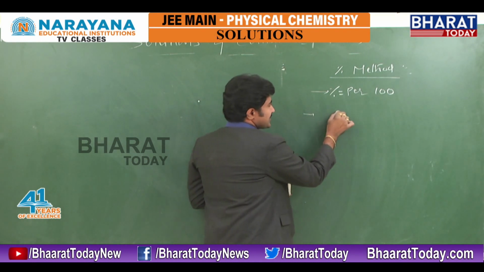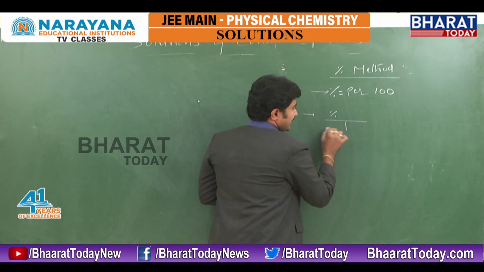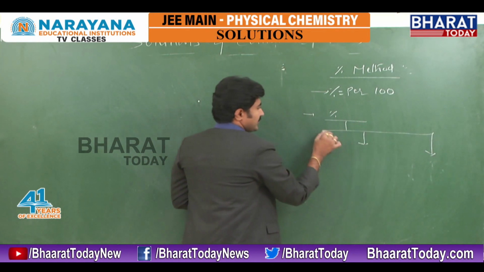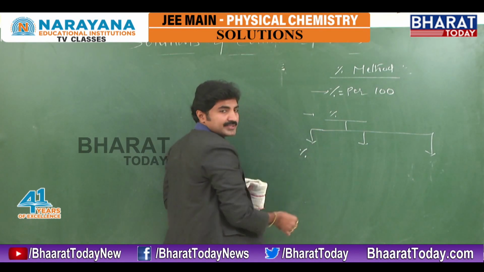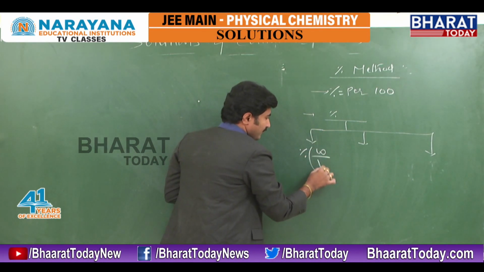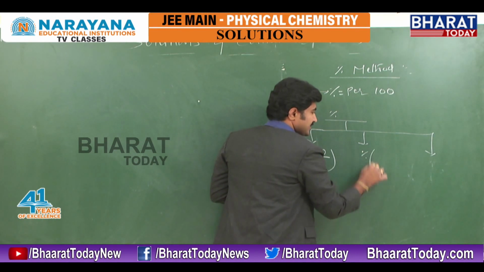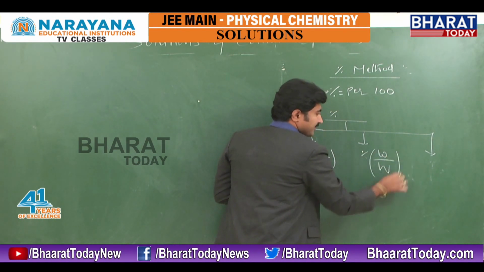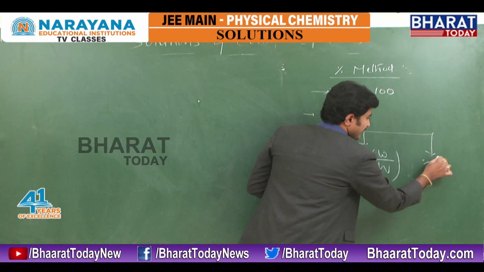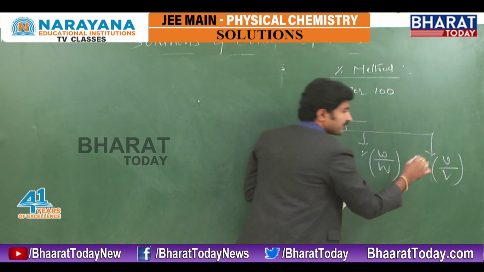These percentage methods are of three types: percentage weight by volume, which is also known as percentage mass by volume; percentage weight by weight; and percentage volume by volume.